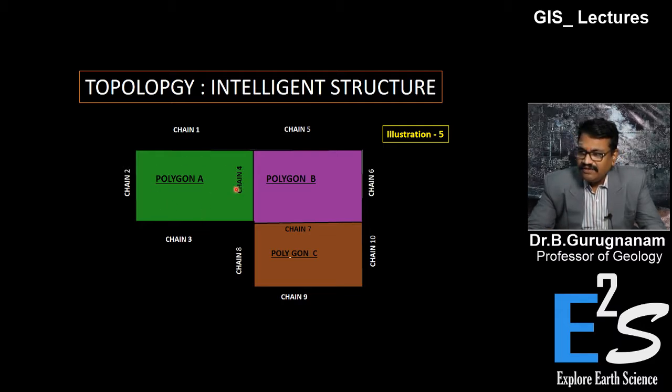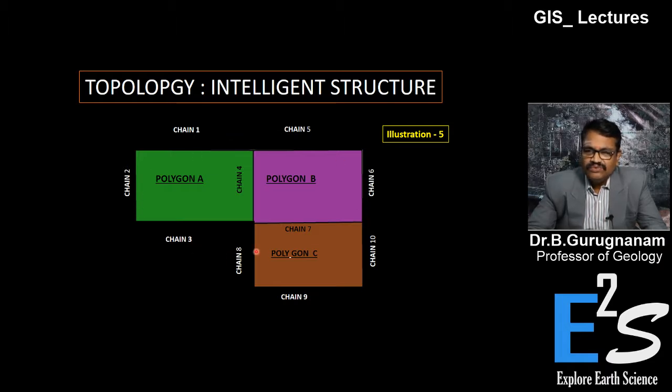This is polygon A, this is polygon B, and this is polygon C. There are three polygons: green, violet, and brown. Polygon A started by digitizing from here, and moves here 2, here 3, here chain 4, here 5, here 6, here 7, here 8, here 9, here 10.